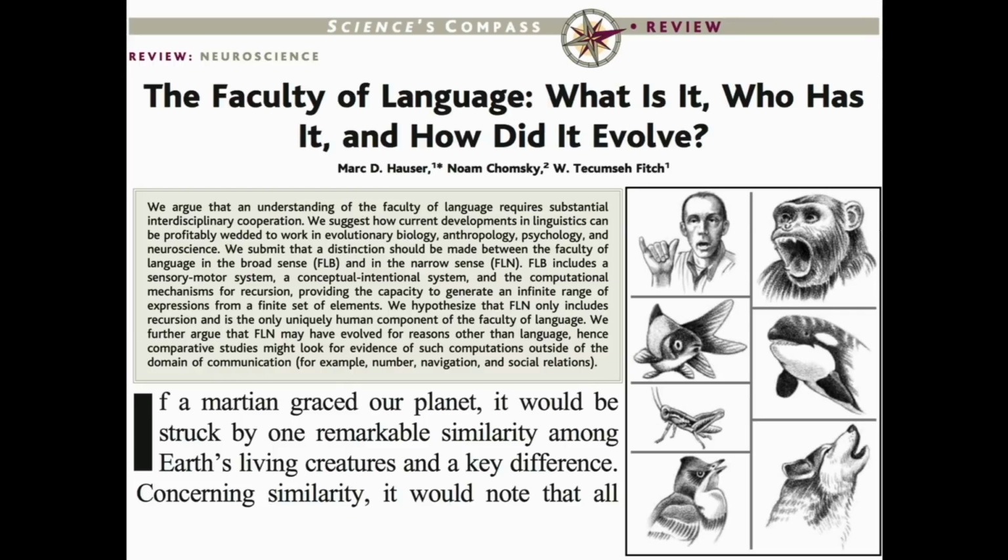But if we nevertheless look for a little bit of insight, this is a recent paper of Chomsky's with co-authors, and they're trying to give a version of what is unique about human language. Essentially what they zero in on is that, if you're looking at humans versus other fairly intelligent creatures, they suggest that the defining difference of human beings is that they have this ability to model recursion.